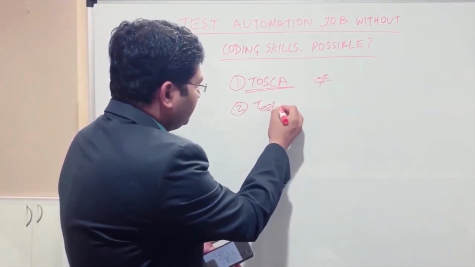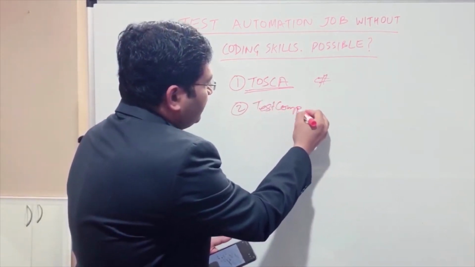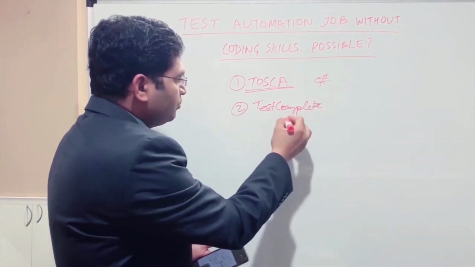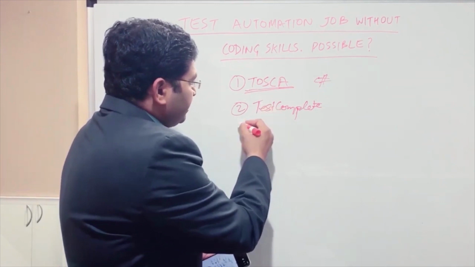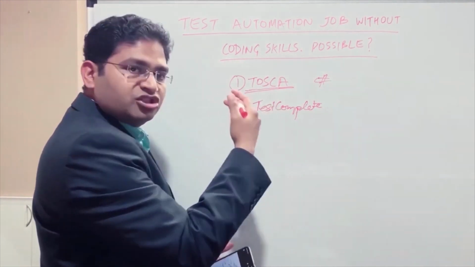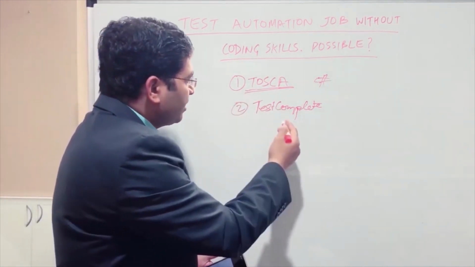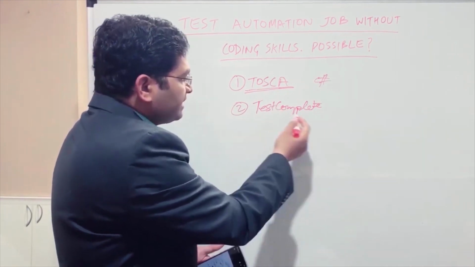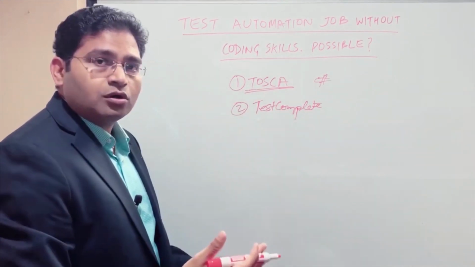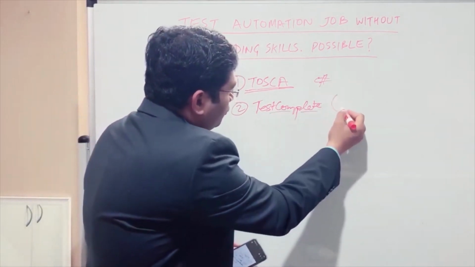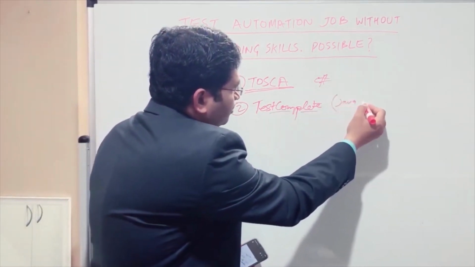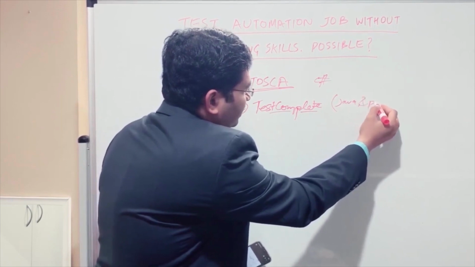TestComplete. Okay, so you can go ahead and search for these tools. These are all paid tools, but you can check if there are trials available, and you can play around with these tools. TestComplete is another no code automation tool, but if you know the languages, it supports I think Java and Python, and many more.